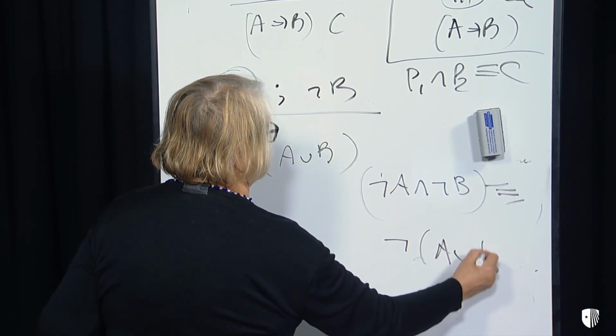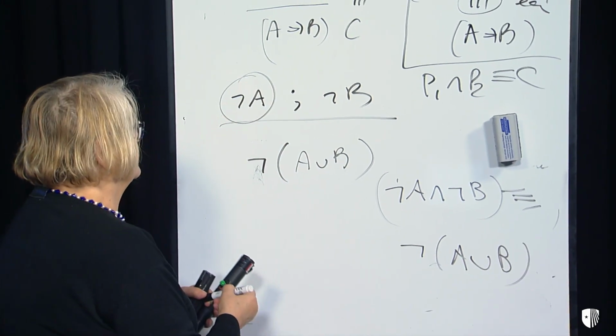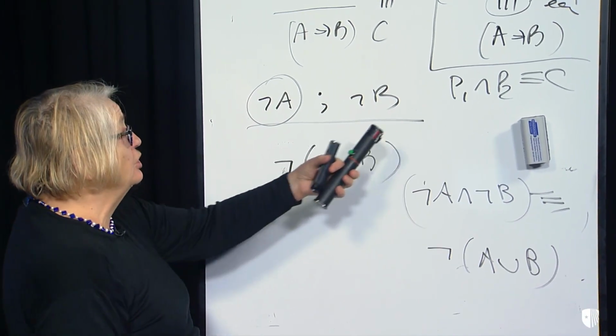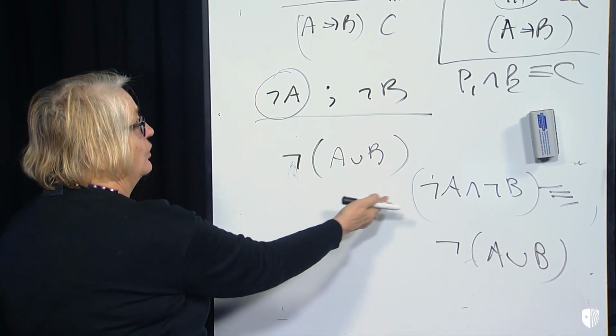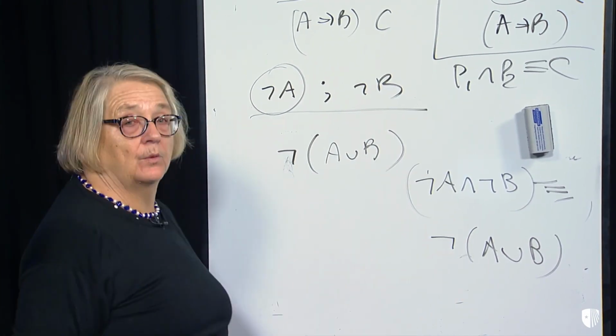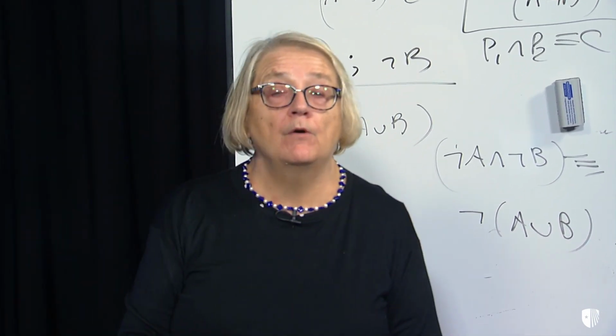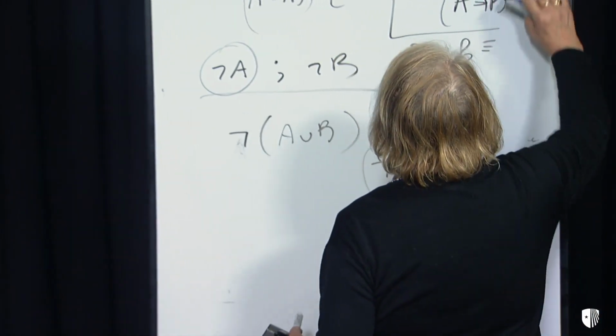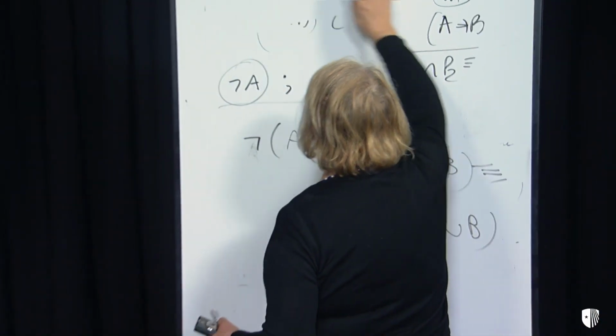Here you have two premises. The conjunction of premises, ¬A and ¬B, is logically equivalent to the conclusion by the De Morgan law. So this is the logical equivalence that is the next thing to remember.